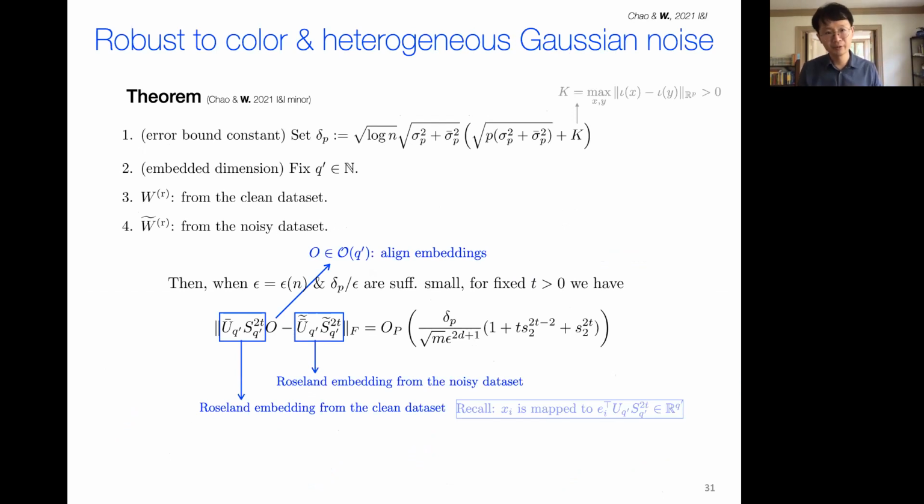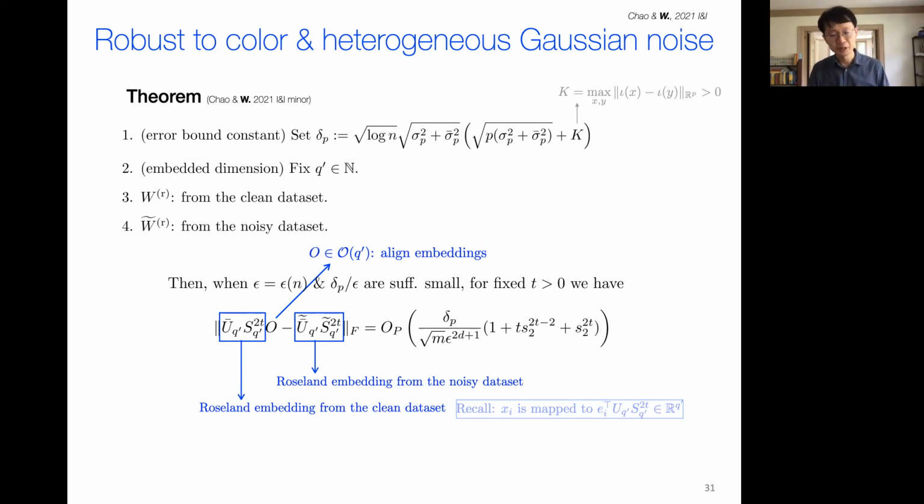And we also have the robustness to the colored and heterogeneous Gaussian noise, which tells you that if you get W_R, which is the clean data set, and if we add tilde, that will be the affinity matrix coming from the noisy data set. Okay, and we assume that we have some constant delta p, and we fix q prime. That will be the embedded dimension.